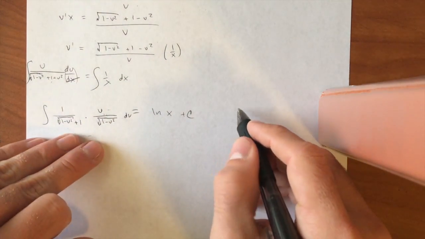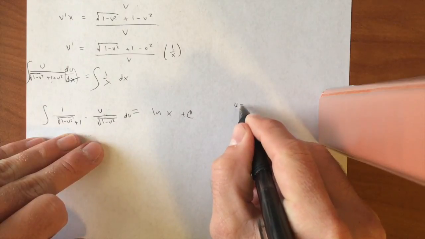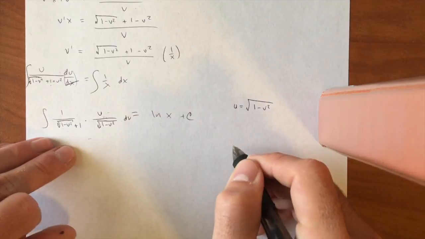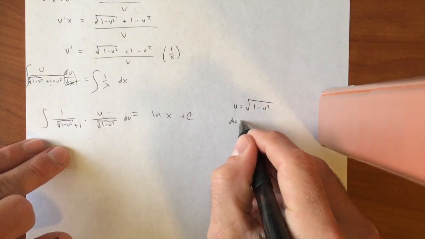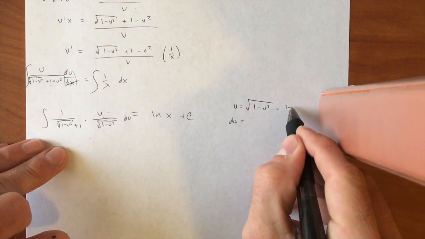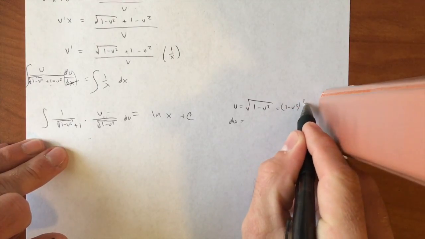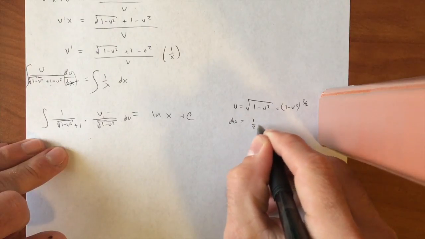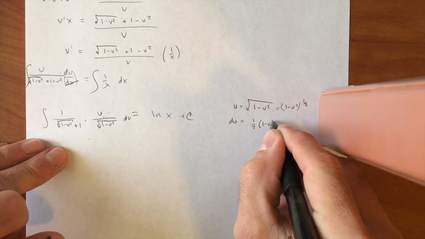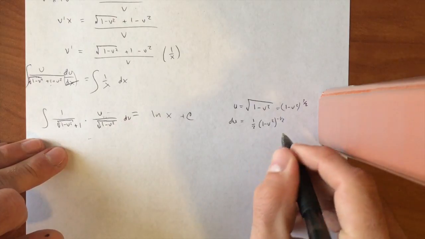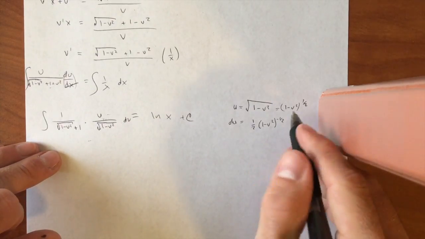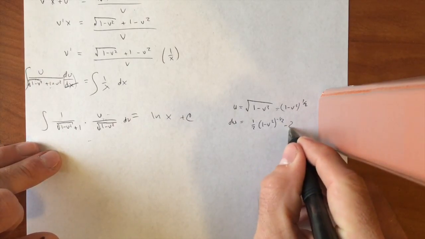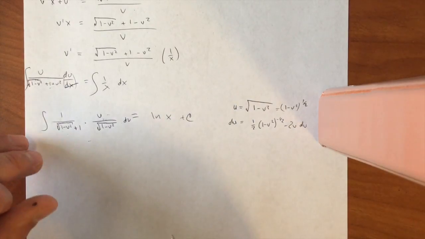Solving this, we can do a u substitution, taking u to be the square root of 1 minus v squared. Finding du, we can say this is 1 minus v squared to the 1/2 power. That can be 1/2 times 1 minus v squared to the negative 1/2. Multiplying by the derivative of the inside using the chain rule, we would have negative 2v dv.